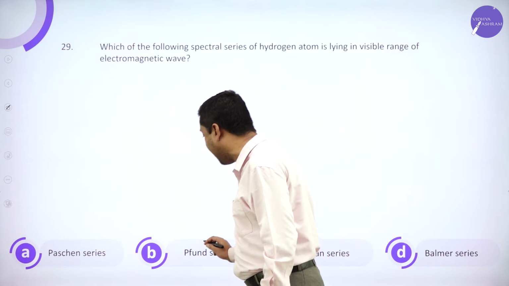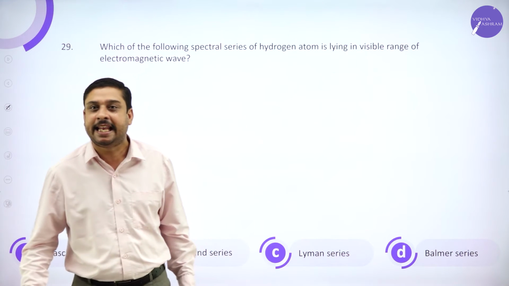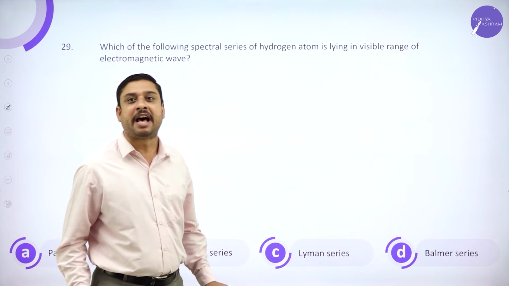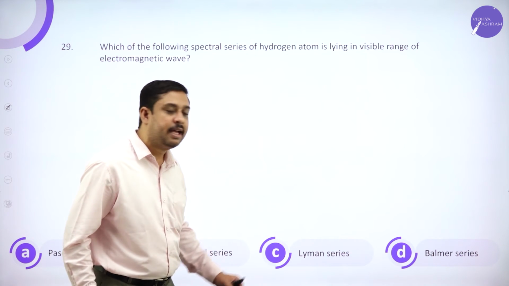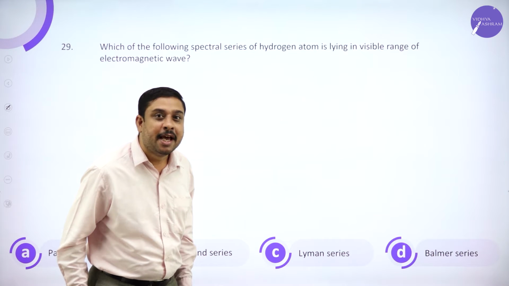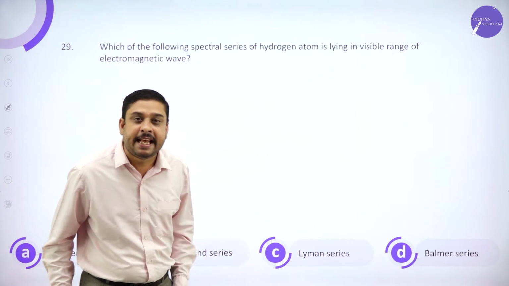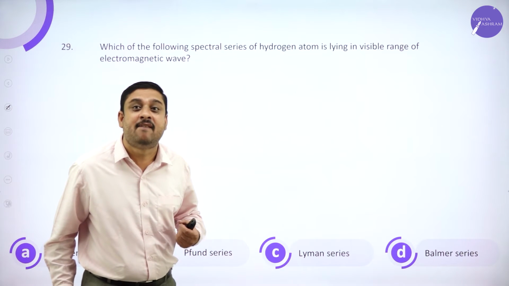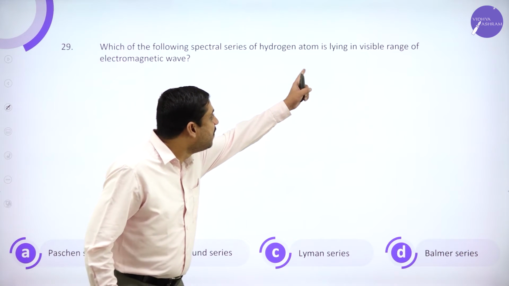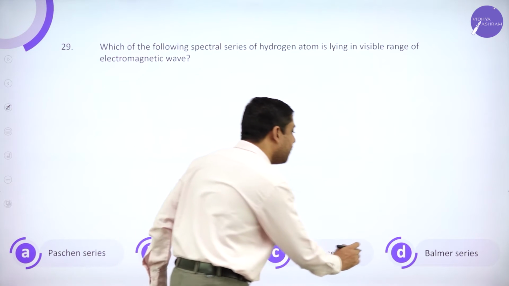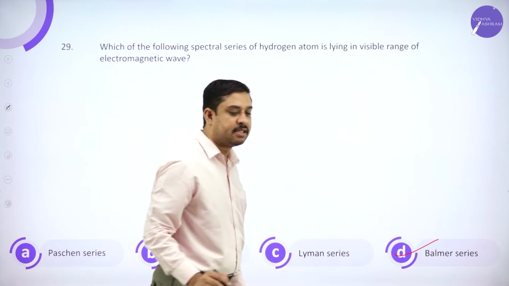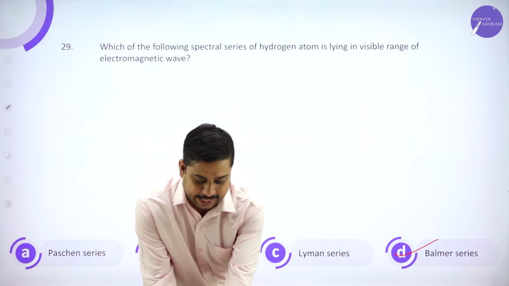Pfund series appears in the far infrared region. Lyman series appears in the UV region. Balmer series is present in the visible region. So which series lies in the visible region? It is the Balmer series.